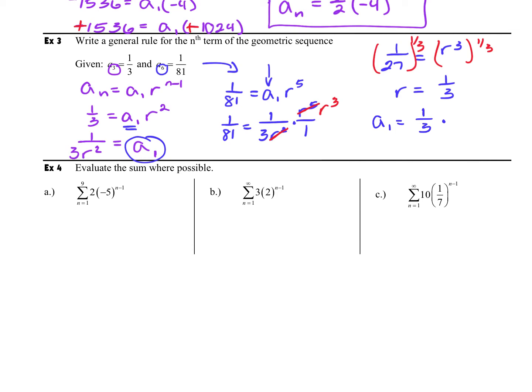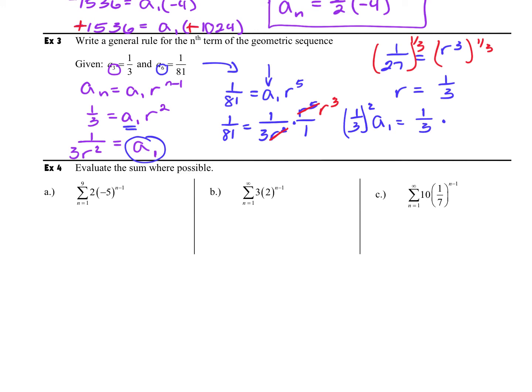Actually, you know what I'm going to do? I'm going to rewrite this. I think this is going to confuse some of you otherwise. So I'm going to put my r squared back over here. So I'm going to have my 1/3 over here squared.